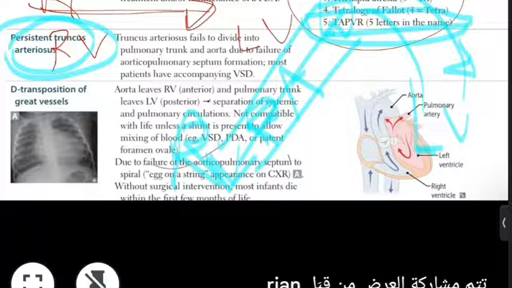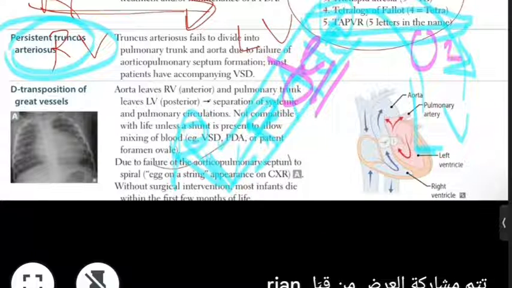Now, the pulmonary artery carries the deoxygenated blood, less oxygen, while the aorta from the left ventricle carries the oxygenated blood to the tissues.